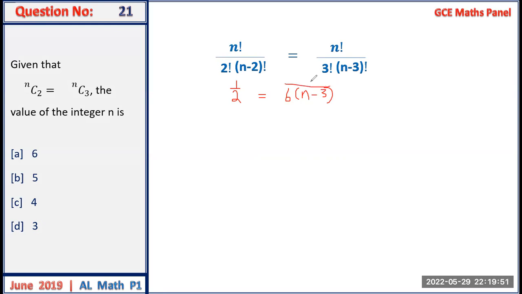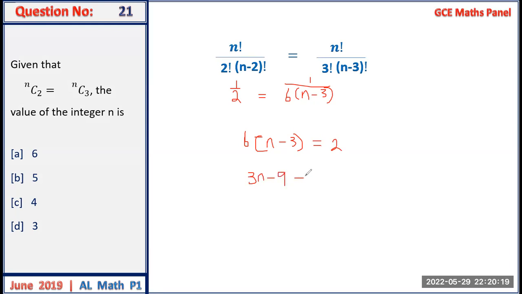So from here, if I cross multiply, I'll have 6 into n minus 3 to be equal to 2. So we can have 3n minus 9 to be equal to 1.